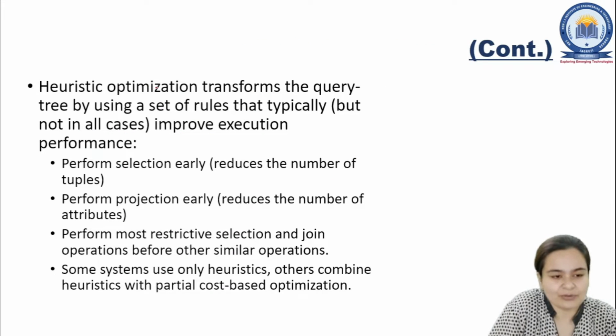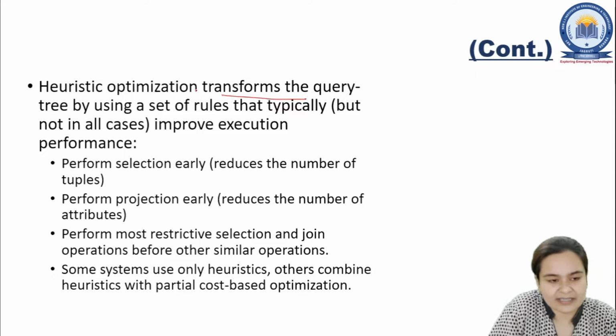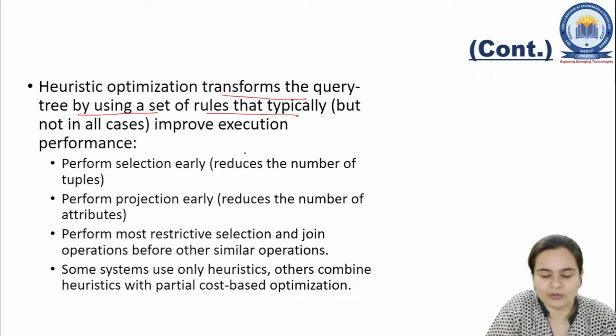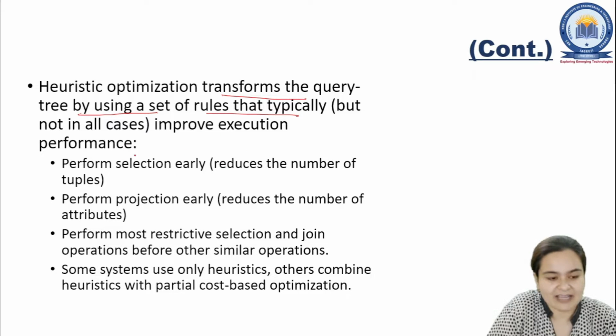In the heuristic optimization case, we transform the query tree by using a set of rules that typically improves execution performance. We look at not all the cases but a few of them that can contribute to improved performance.